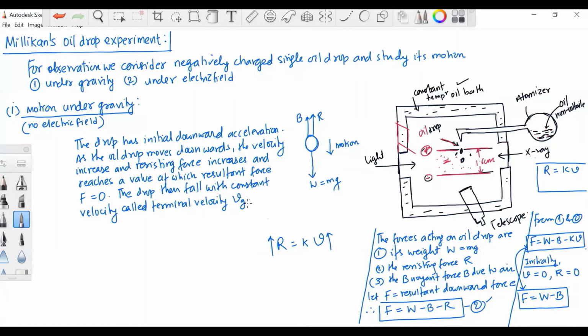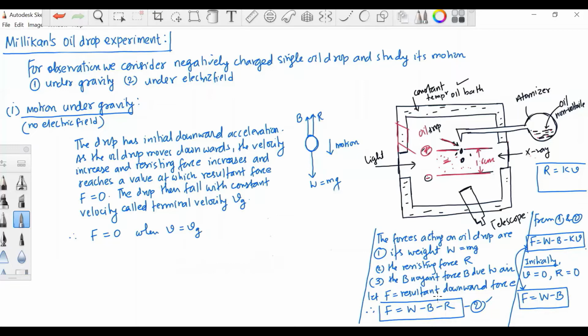So this is the terminal velocity of the oil drop falling under the influence of gravity only. Therefore, we can write F equals 0 when V equals Vg, that is, when velocity equals terminal velocity.